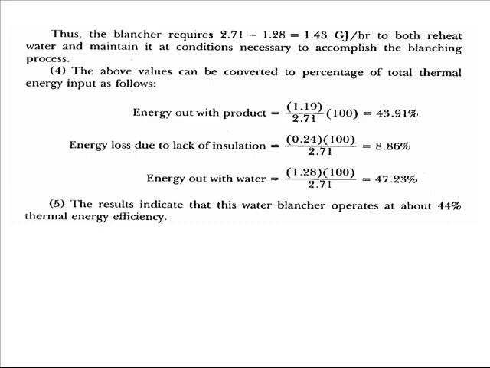The way that was calculated is that the actual thing you are trying to accomplish is the blanching of the lima beans, and that is the amount of energy that actually went into the product, as opposed to the amount of energy that went into heating the water and also to losses through the insulation. So that's how that's calculated.